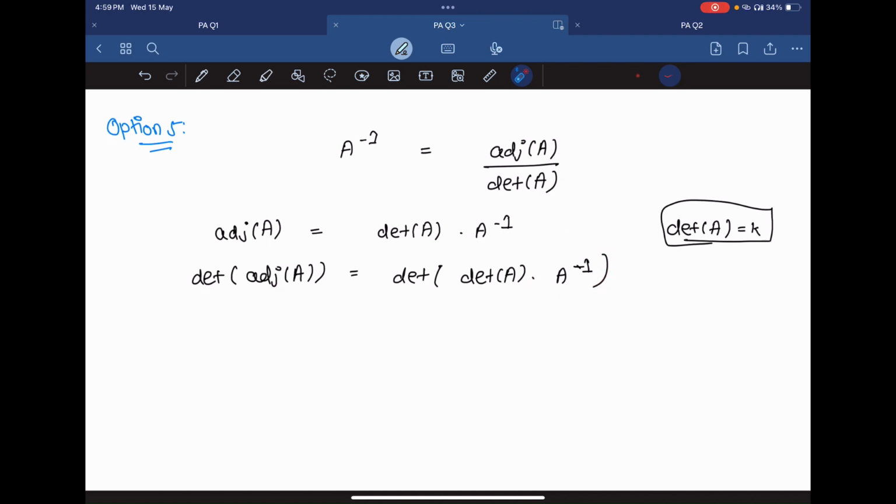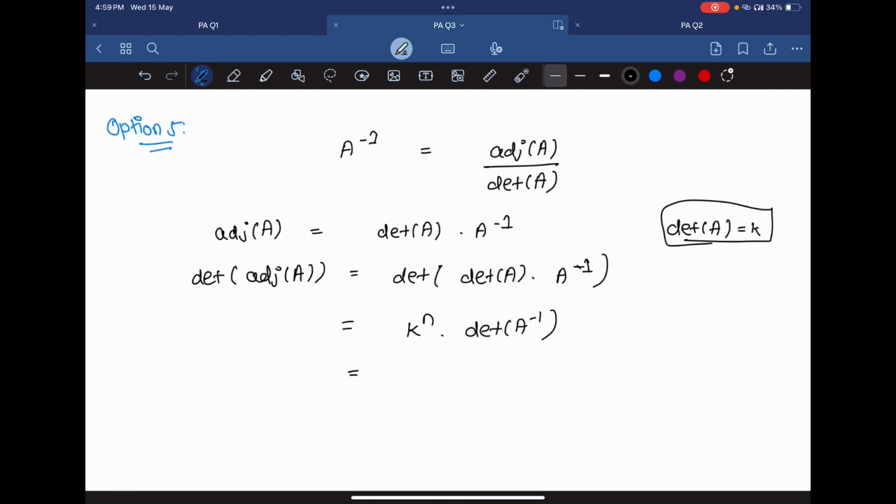A inverse would be of the same order as our matrix A. So by using the properties of determinant, this would be k, that we have represented as determinant of A, power n, where n is the order of the matrix, times determinant of A inverse.